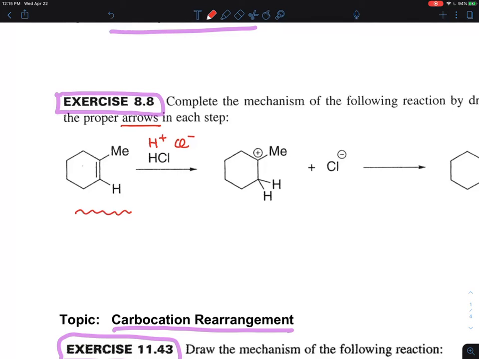So this pi bond will try to form a bond with the H plus. There are two carbons connected through the pi bond. One carbon will form a bond with hydrogen, and the other one will develop the positive charge.